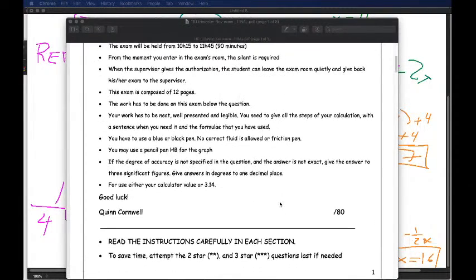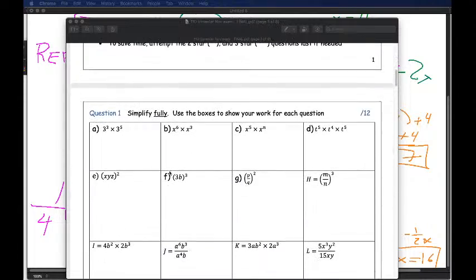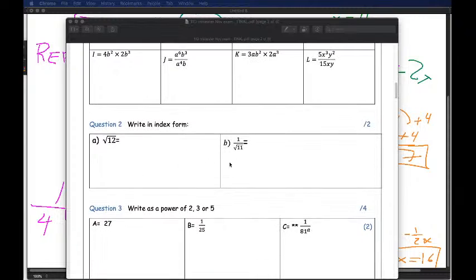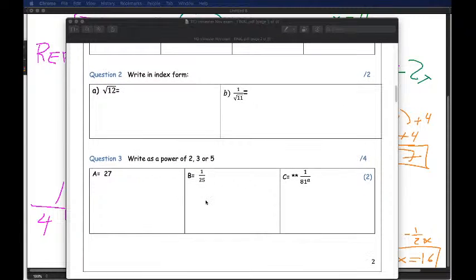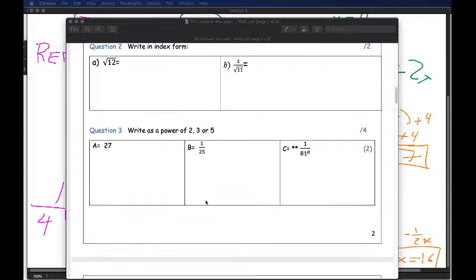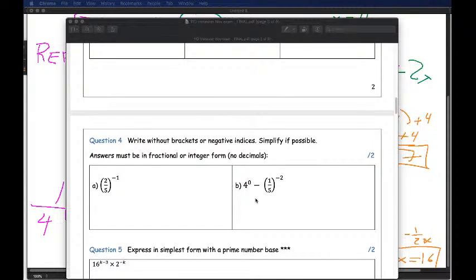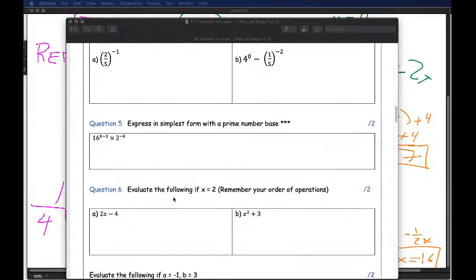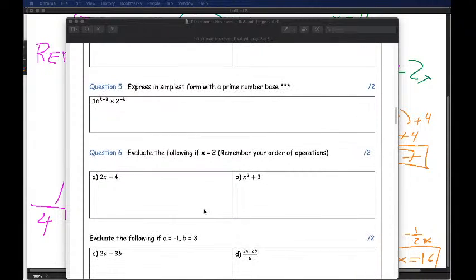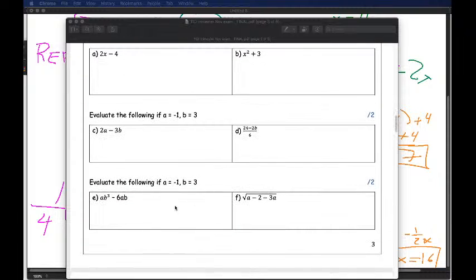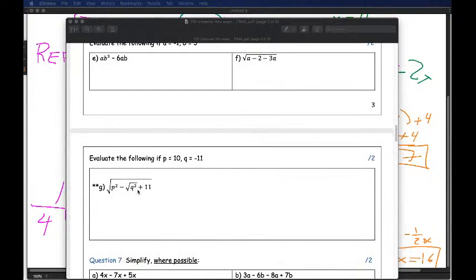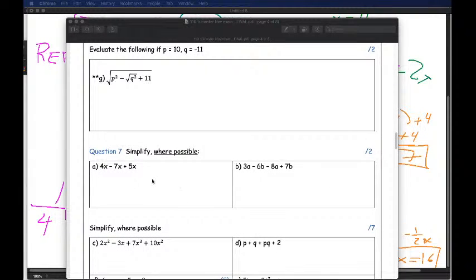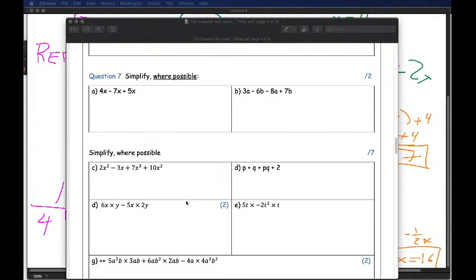Look, it's 12 pages, okay. Easy. Write in index form, easy. Write in powers of 3, easy. Some negative indices, easy. Okay, question 5, harder, all right, fine. Substitution, easy, easy, easy. All right, substitution a little bit harder. Adding like terms, come on guys, adding like terms.